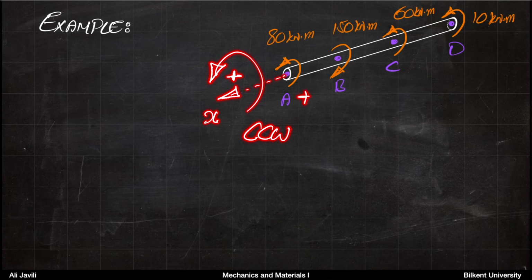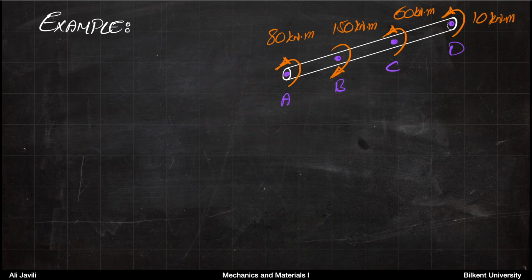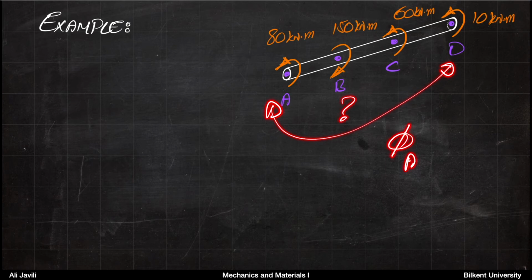That means you get plus 80 minus 150 plus 60 plus 10, which makes sense because if you add 10, 60, and 80, you get 150. So this is your balance of external moments, and the member is in equilibrium. That's all good. Now what we want to do is calculate the angle of twist from A to D. So we want to know phi A with respect to D.